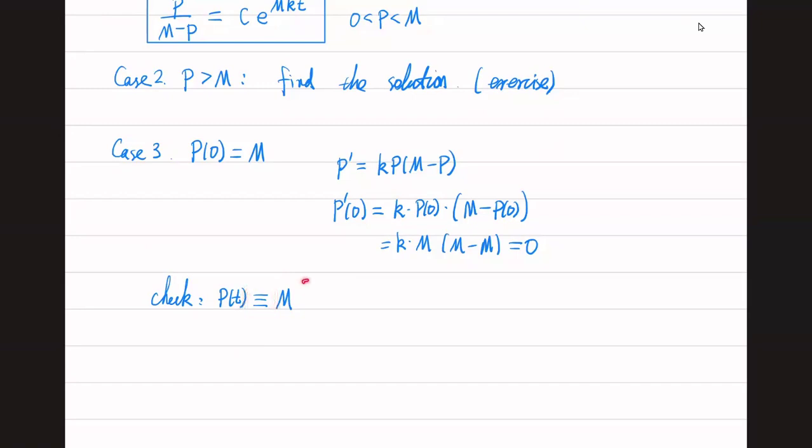In number theory it means modular, but in function theory, it means equal for all t. So in our case, with functions, it means p(t) equals m for all t.